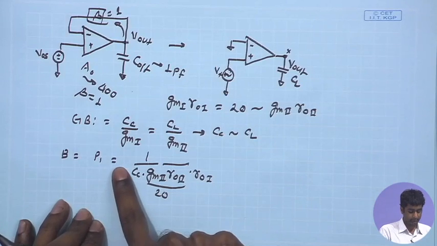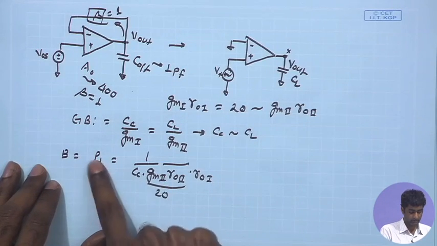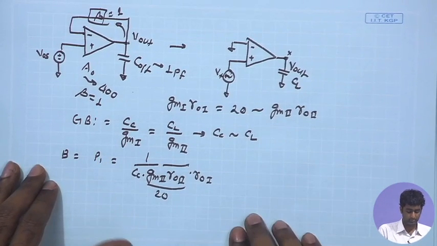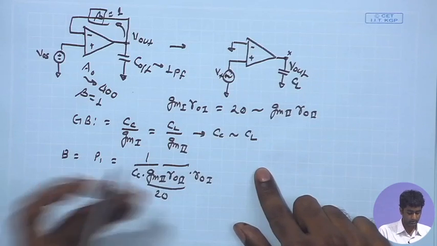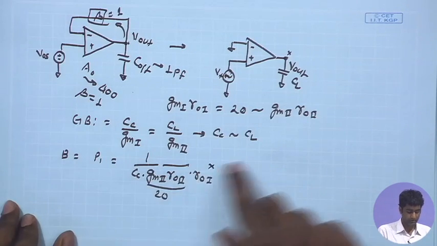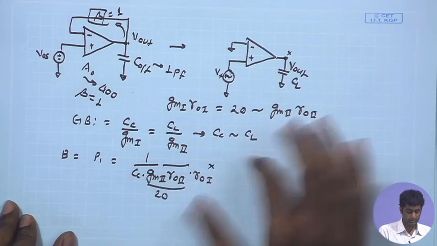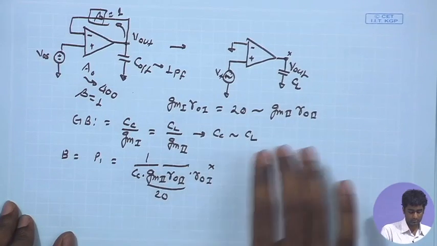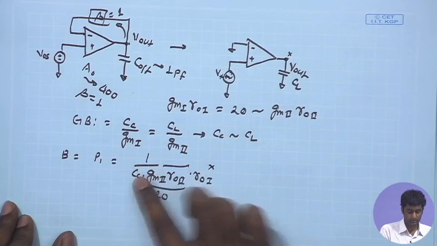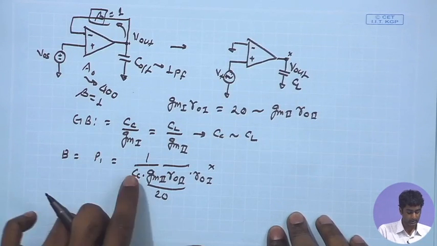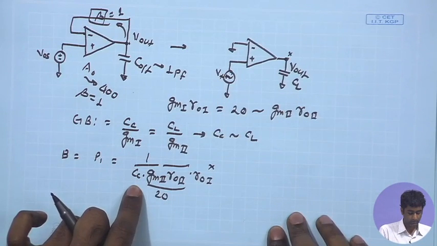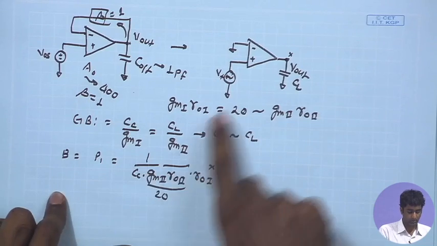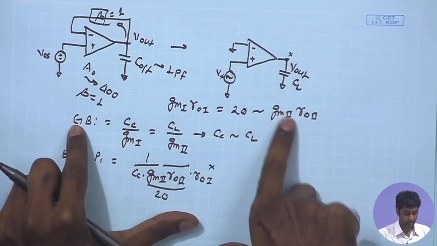So, here we have P1 given by this product, and the overall gain, given by the GM1 RO1, GM2 RO2 product, which is just going to be GM upon Cc. Based on this, we have to estimate the overall gain bandwidth we are able to obtain.